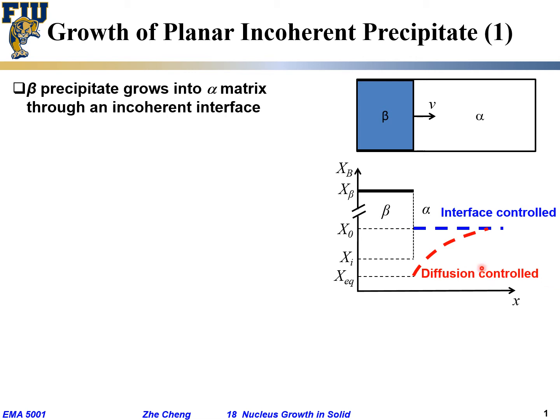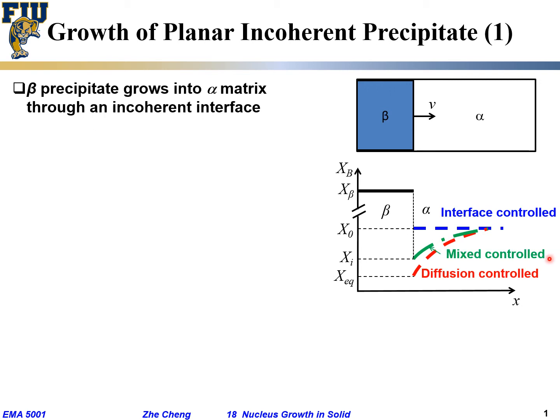Okay, the concentration profile. And between these two extreme cases, there may be a scenario as illustrated by this green profile. The concentration at the interface is somewhere between the host or matrix original concentration x0 and the equilibrium concentration. That will be so-called mixed controlled. Okay.